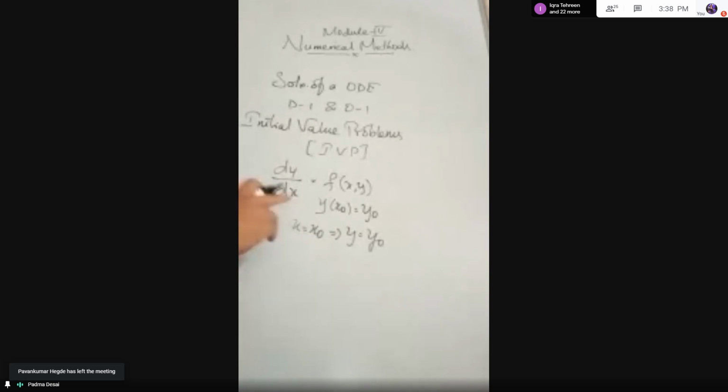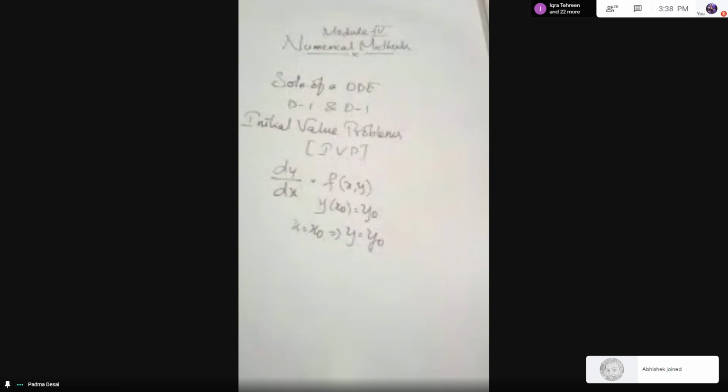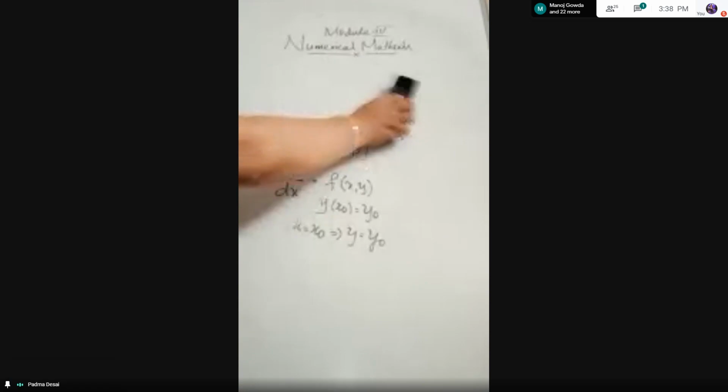That is the meaning of y of x naught equal to y naught. Okay, so this is what it is. So let us see how do we solve. And one particular method that we are going to employ here is Taylor's series method. Okay, so you can write there first subheading Taylor's series method.